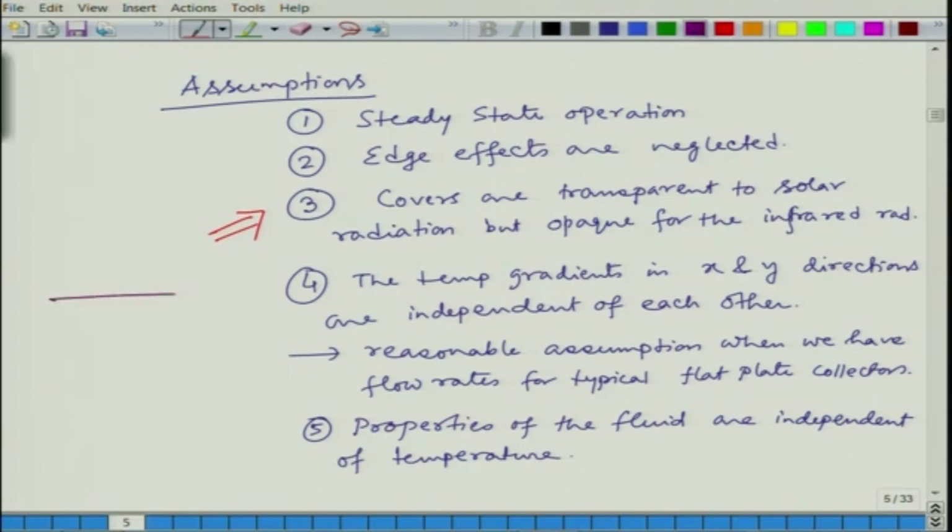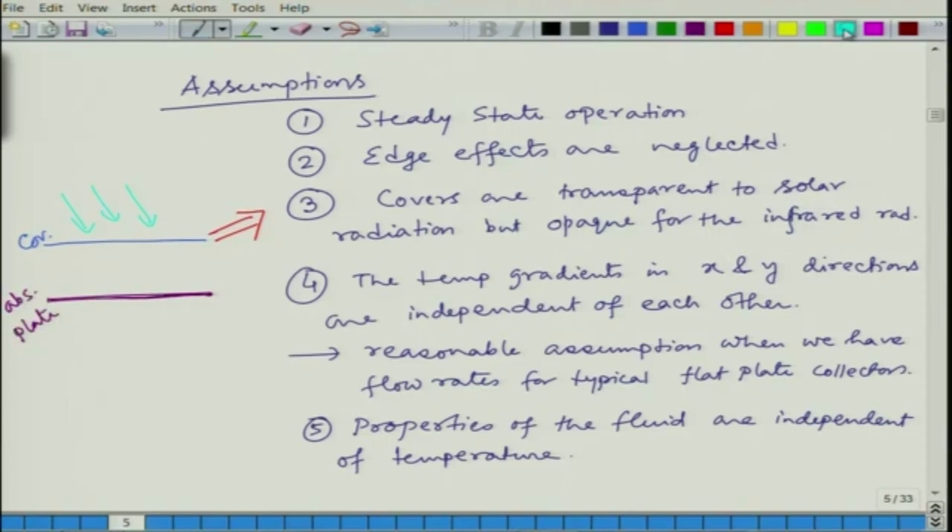So, here we have the absorber plate, okay, and here we have the cover. Let us say just one cover we have.